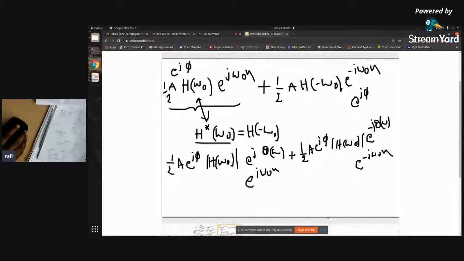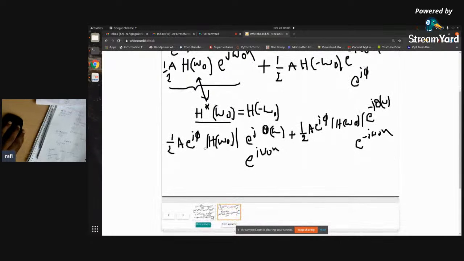So now when you combine these two complex exponentials, you can write it as e power minus j into omega naught n plus theta of omega, plus j minus j phi.